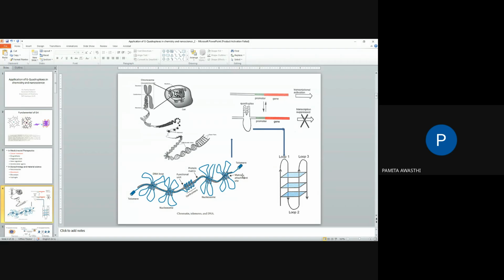But in very latest research, it has been proposed that the non-telomeric G quadruplexes have also been observed.